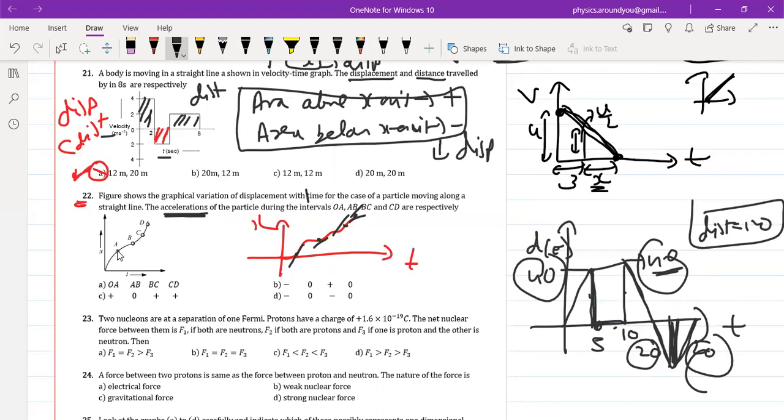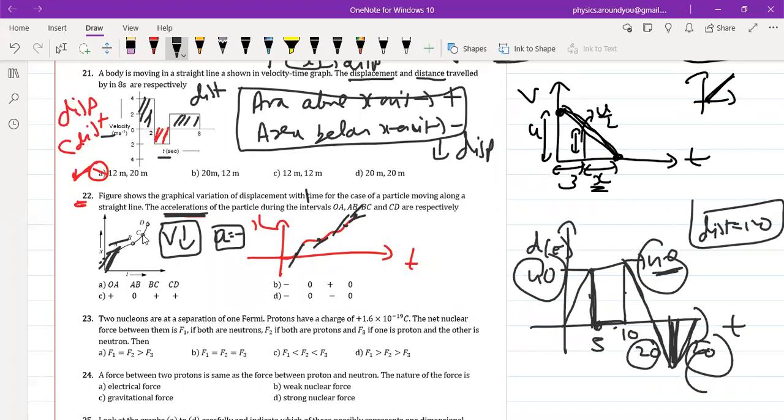For example, if I take this segment OA, I can see that the slope is decreasing. Slope is decreasing means velocity is decreasing. If velocity is decreasing, that would mean acceleration is negative in OA.